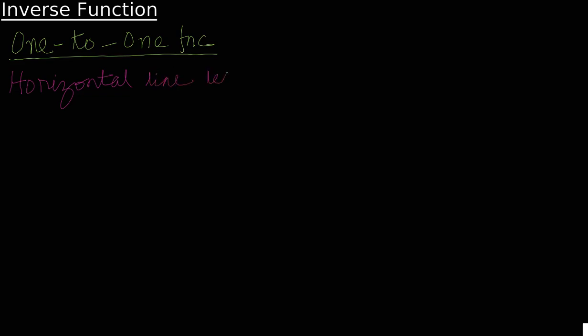Horizontal line test. All right. So we are going to choose three different functions and plot them, and try to find out which functions are one-to-one and which are not.